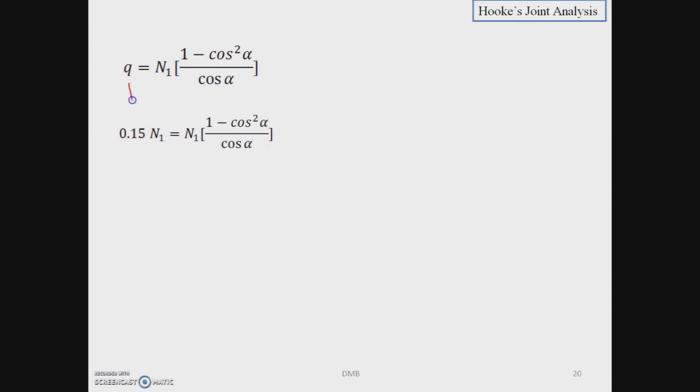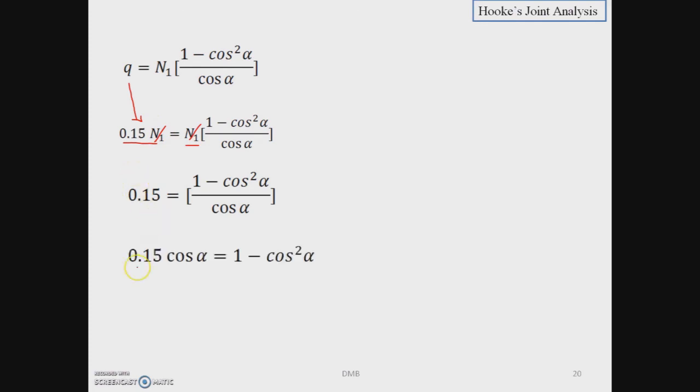Now Q is given as 15% of N1, so 0.15 N1 equals N1 times the bracket 1 minus cos square alpha upon cos alpha. N1 eliminates N1. Simplifying further, we get a quadratic equation in cos alpha: cos square alpha plus 0.15 cos alpha minus 1 equals 0. This is of the form ax square plus bx plus c equals 0.